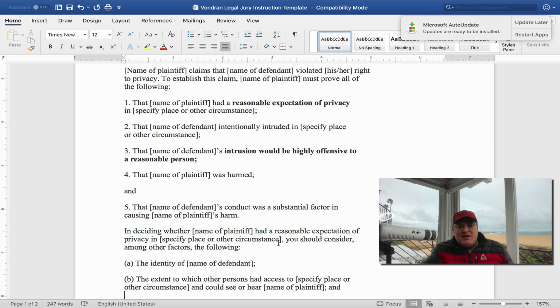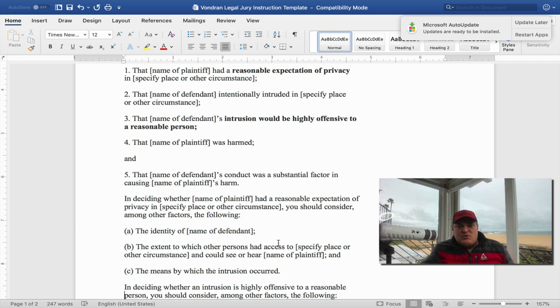So let's come down. In deciding whether or not a plaintiff had a reasonable expectation of privacy, you should consider the following factors: the identity of the defendant, the extent to which other persons had access to or could see or hear the plaintiff, the means by which the intrusion occurred.